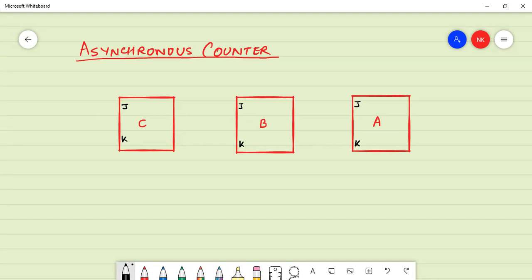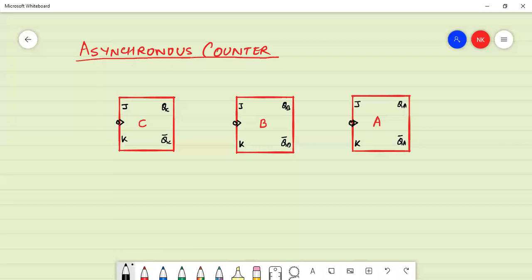We have already seen that there is a clock pulse, and if all of these flip flops are negative edge triggered flip flops, there will be outputs QC, QC bar, QB, QB bar, and QA, QA bar.